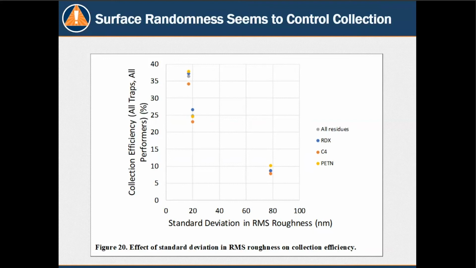And so that is what we think was controlling the behavior that we saw here and leading to these very irreproducible results. It all came down to the irreproducibility of the surface from which we were doing our sampling.